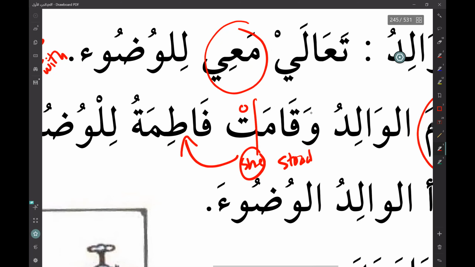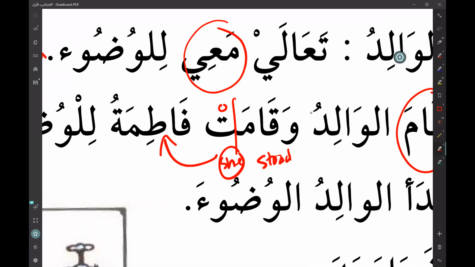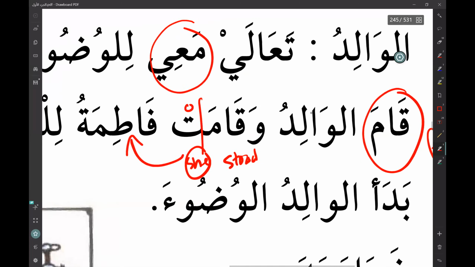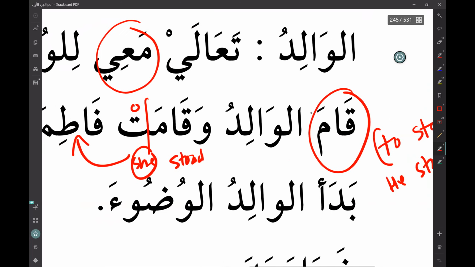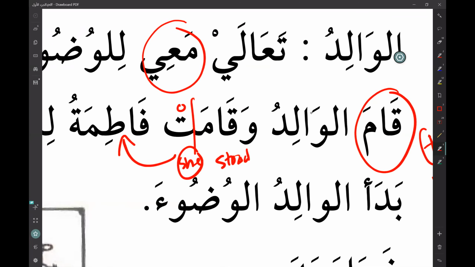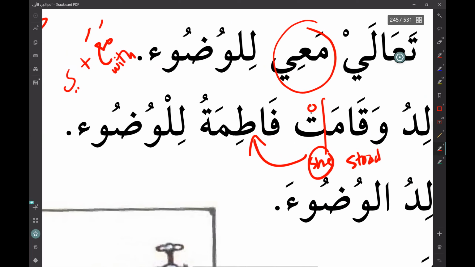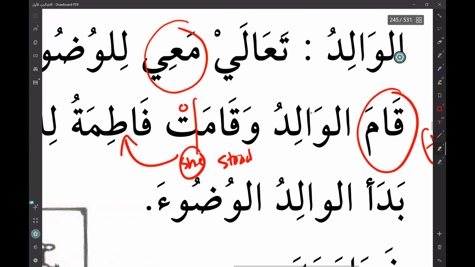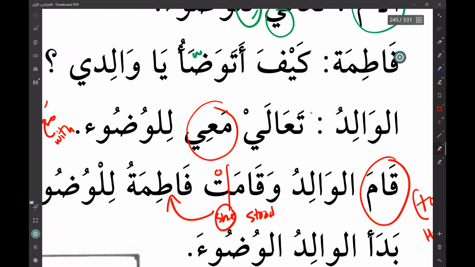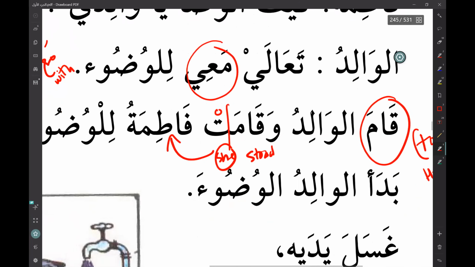Although you know that to stand is qama, you cannot say that. Vice versa, you cannot say qamat al walidu because the father is masculine. Okay, so keep those genders in your mind. Lil wudu. Okay, so basically the father stood and Fatima stood for the wudu.